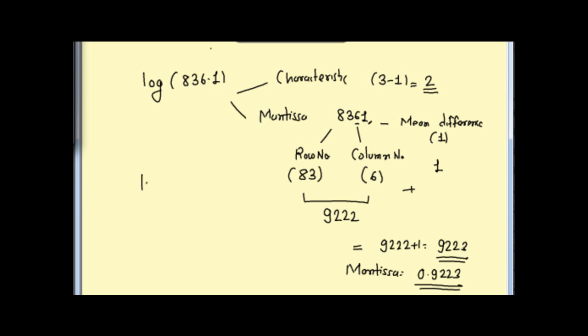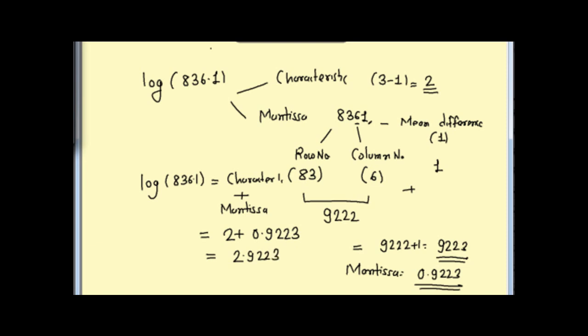So the actual value of log 836.1 is characteristic plus mantissa, that is equal to 2 plus 0.9223, that is equal to 2.9223, right?